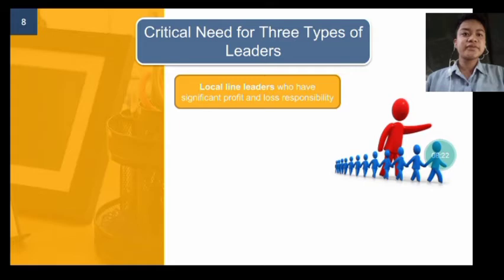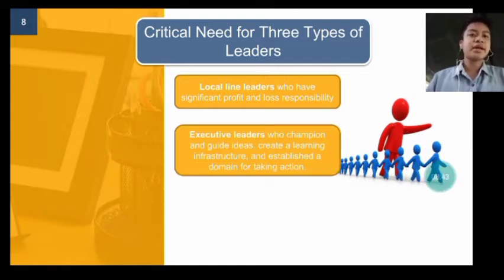First, we have the local line leaders who have significant profit and loss responsibility. It means they are the kind of leaders who can experiment with new capabilities to see if they actually improve business results when implemented.